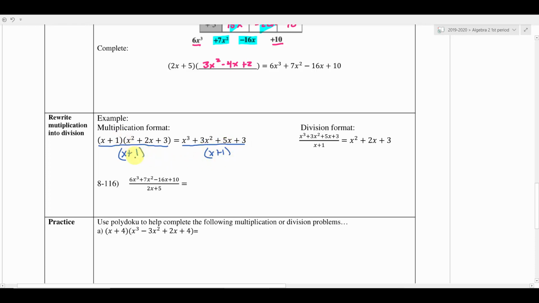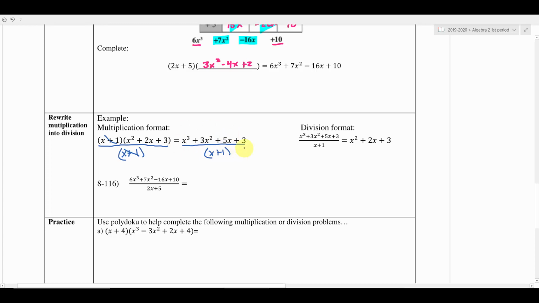And then we look at what happens on the left side when I do that. The x plus 1s cancel out, and all that's left is this x squared plus 2x plus 3. And on the right-hand side, we're left with x cubed plus 3x squared plus 5x plus 3.